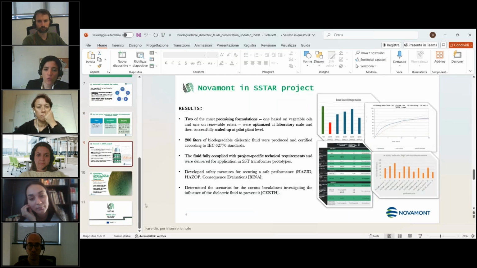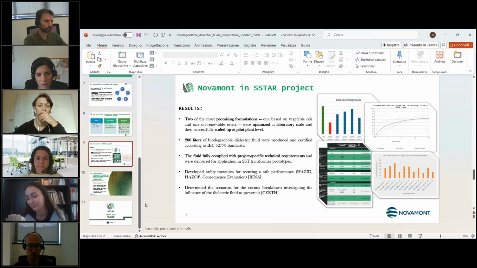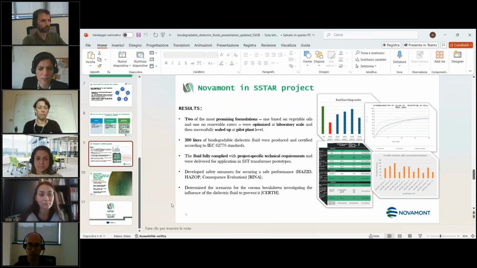So during the project, we basically worked in order to formulate two kinds of products, which are an ester-based dielectric fluid and a vegetable-based dielectric fluid. Then we selected for the scale-up the vegetable-based dielectric fluid because it showed as the most promising of the two fluids.